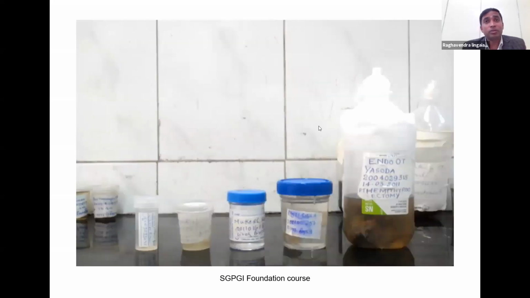We get samples in various containers. If you see here, we have got a sample in a saline bottle also. It is nicely labeled, but it is underfilled. The specimen is too large for the amount of formalin which is there. While in the other container, the label has gone out.